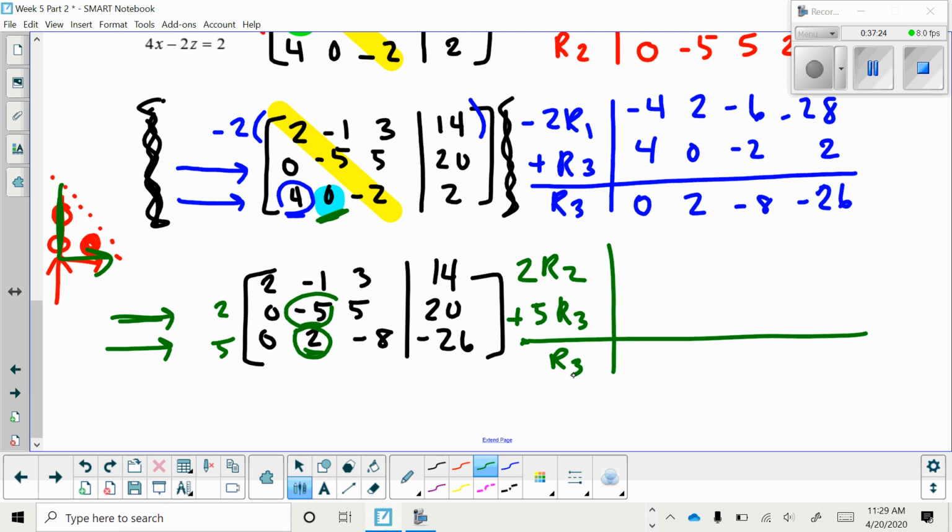So here's the math. 2 times row 2 is nothing here. Then -10, +10, and 40. And row 3 is 0, +10, -40, and then -130. So now we add. I have 0, 0, -30, and -90.